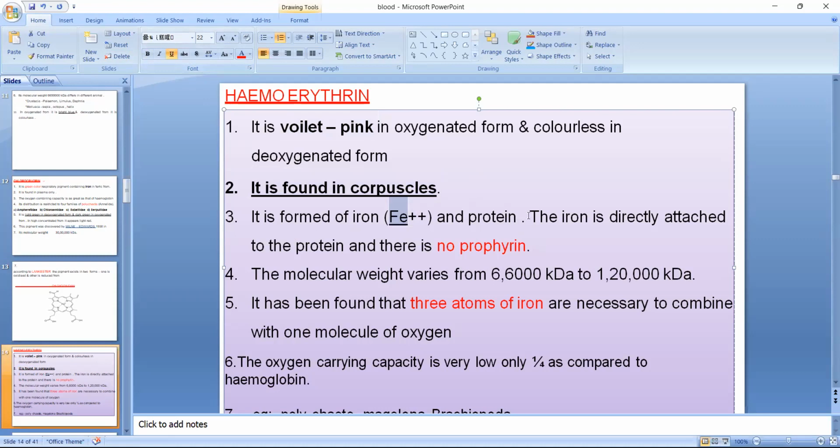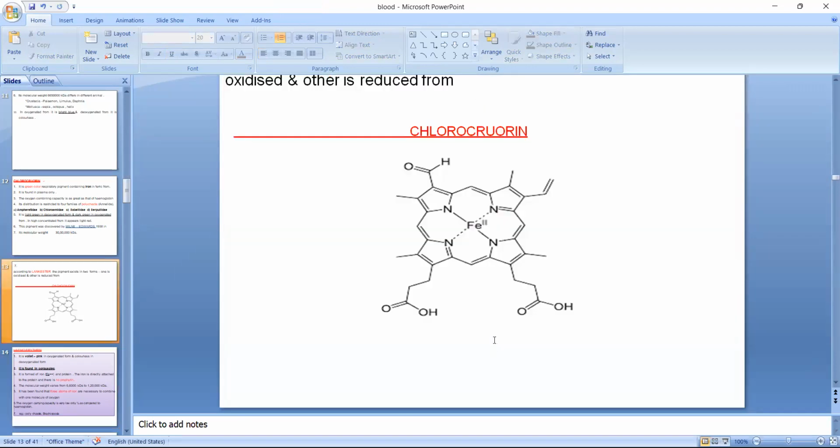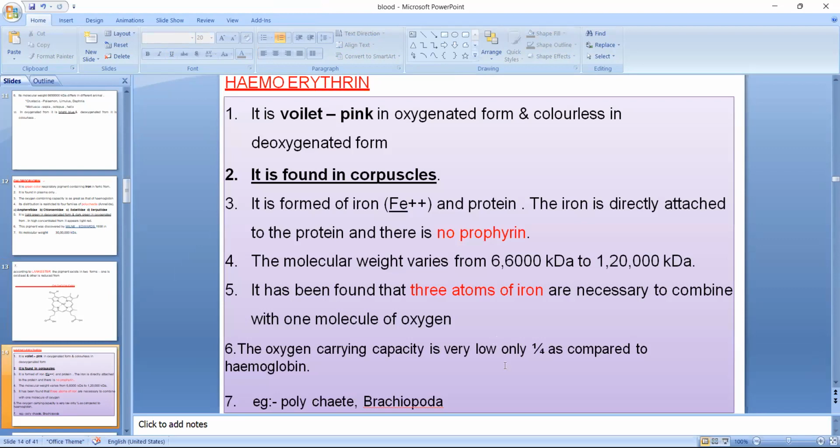Iron is directly attached to the protein, and there is no porphyrin. For example, remember Polychaeta and some brachiopods are examples for hemerythrin. The oxygen carrying capacity is very, very low, 1/4 when compared with hemoglobin, just like myoglobin.